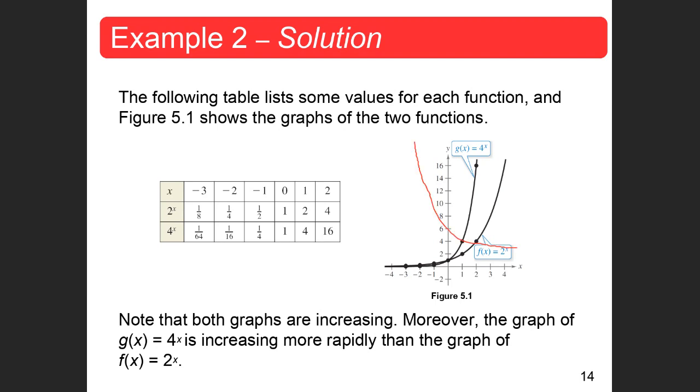That is when the a value is less than 1. Okay, so if I had 1/2 to the x power, this is called an exponential decay. The graph is going to come down like this. If the a value is greater than 1, it's going to look like this. We call it exponential growth. When it comes down like this, we call it exponential decay. And we'll be dealing with that more in the future.